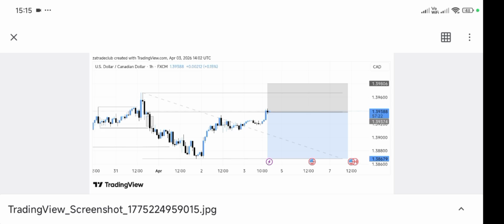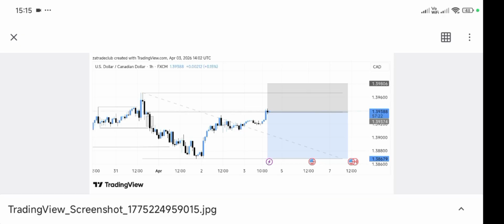And as you can see here, our price has been in a clear uptrend, giving us higher highs and higher lows. Price swept liquidity on the previous high, then it gave us a change of character by breaking minor lows. An impulsive move to the downside gave us a break of structure, and a fair value gap was left behind.